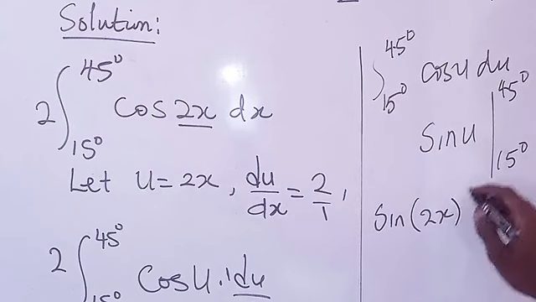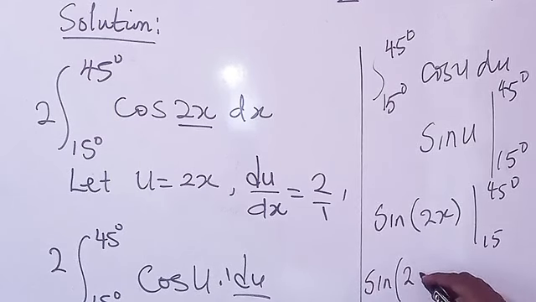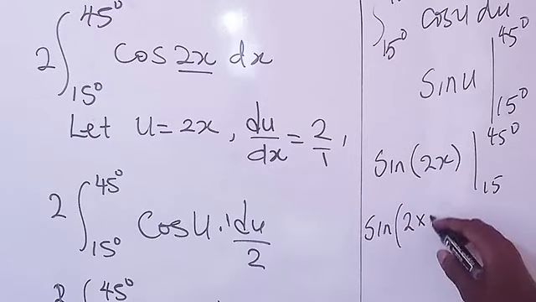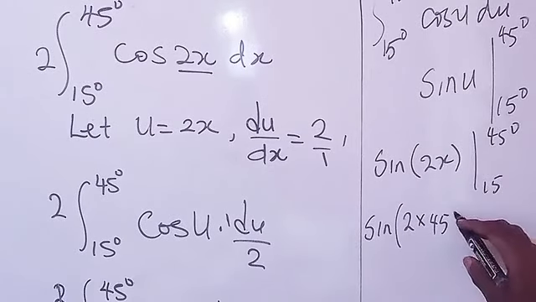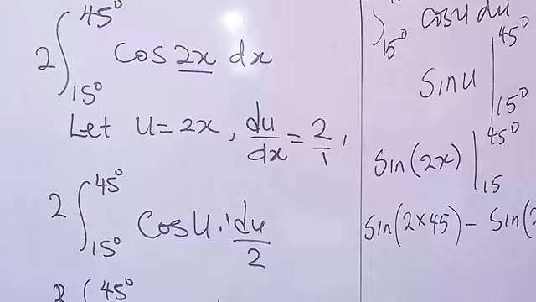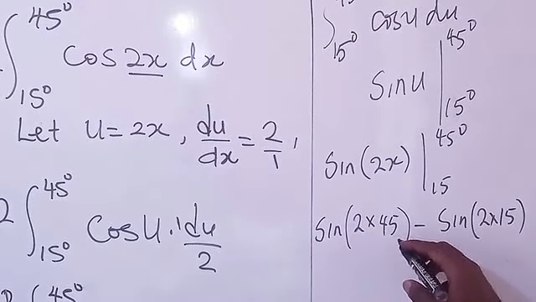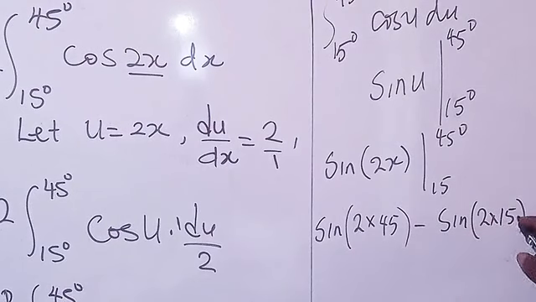So therefore, you're going to have sine 2 times 45 first, because we put the upper limit first before the lower limit, then minus sine 2 times 15. Are you following? Sine 2 times 45 minus sine 2 times 15.